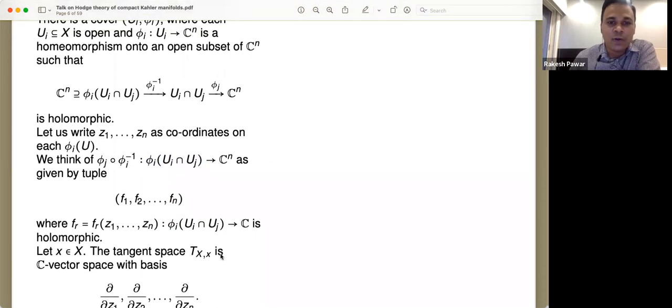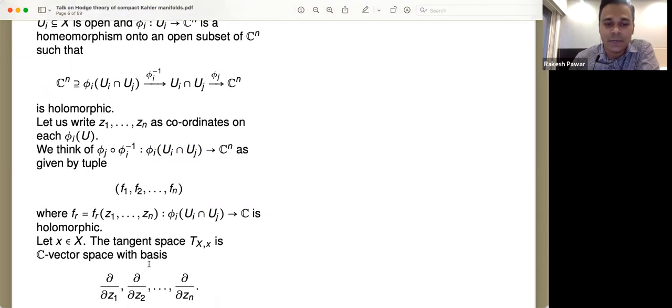And now we can think about the tangent space of the complex manifold at x in terms of the basis given by partial d by dz1, d by dz2, ..., d by dzn, where the z's are the coordinates on phi of U.